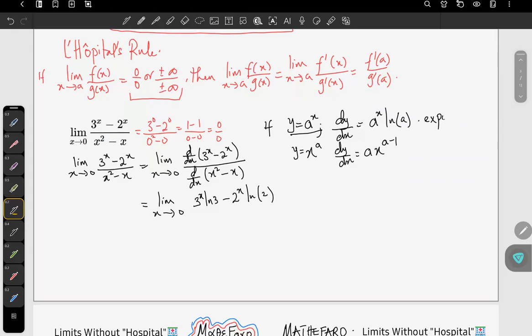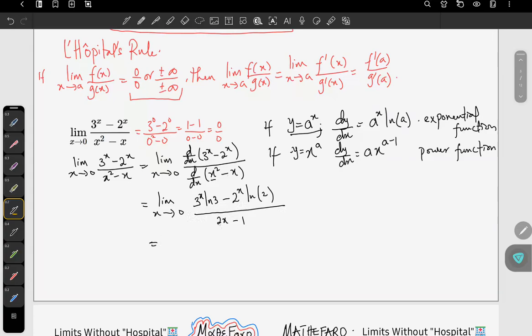This one is an exponential function, and this one is the power function. One of the common mistakes is people mix them up. All right, so these over the derivative of this, which is 2x minus 1, because the derivative of x squared is 2x and the derivative of x is 1.